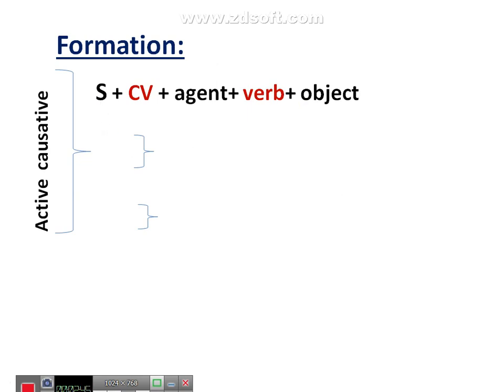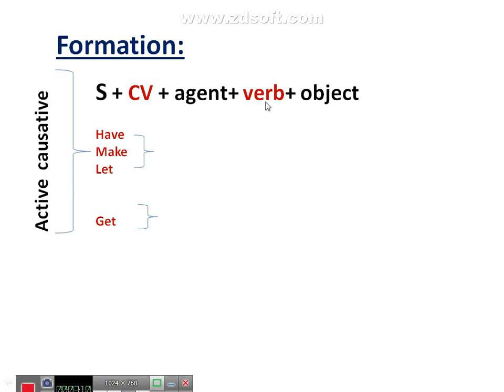The subject is either a noun or pronoun. The causative verb can be one of these verbs: have, make, let, or get, plus the agent, maybe a person or anything, noun or pronoun.